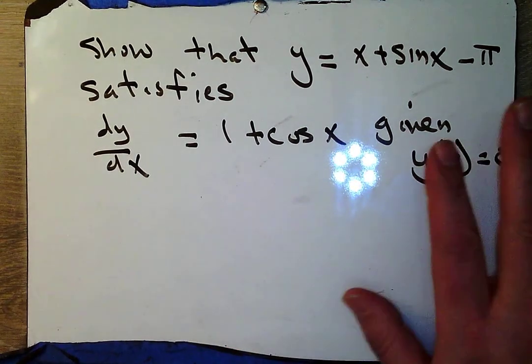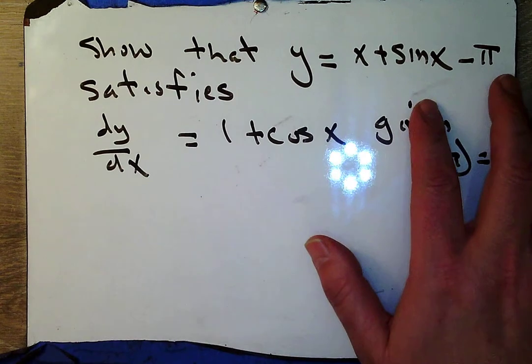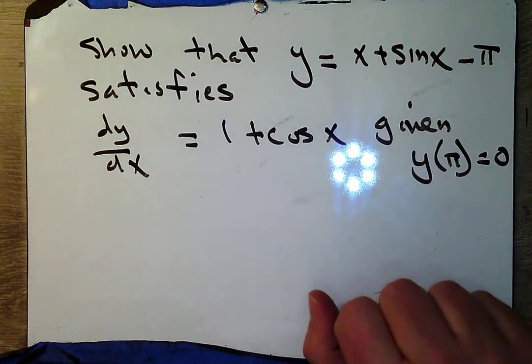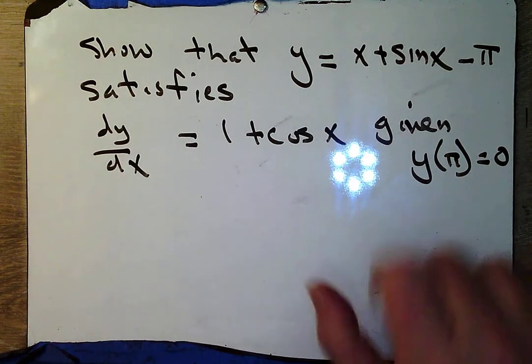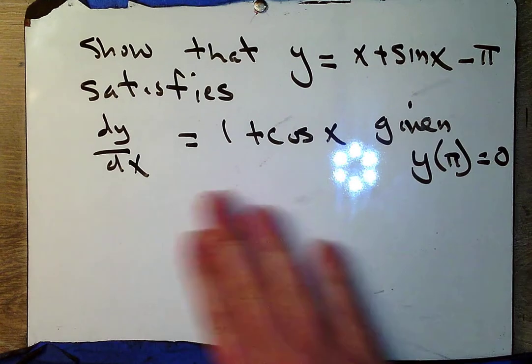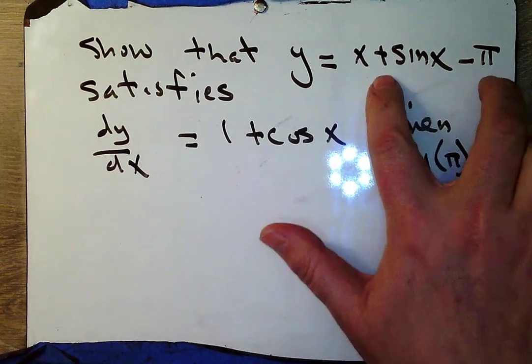Now, really, this is their way of saying American kids don't know how to solve differential equations, so we're going to tell them what the answer is supposed to look like. And we just want them to show the work that gets us to that answer.